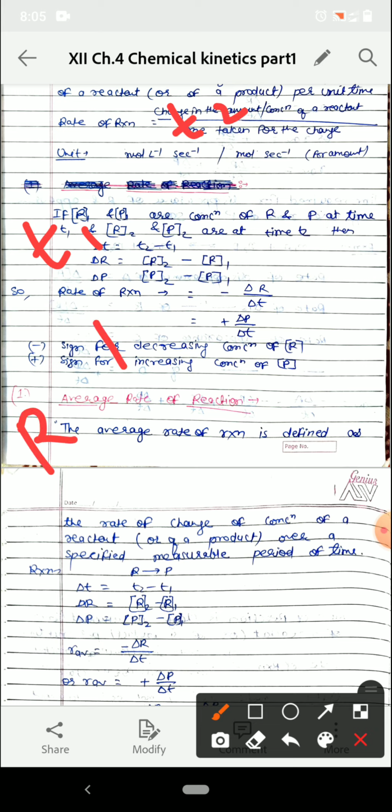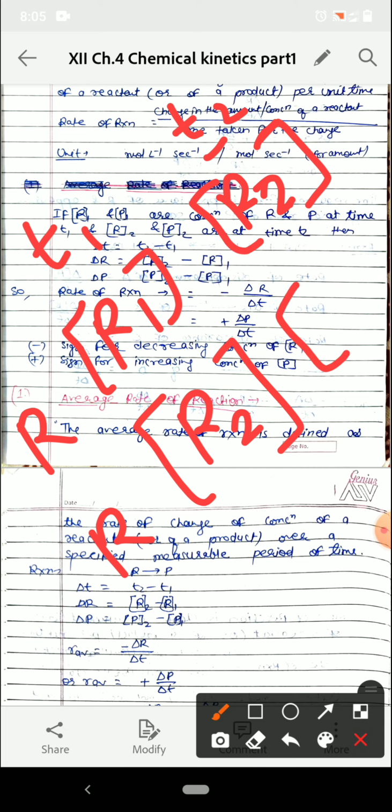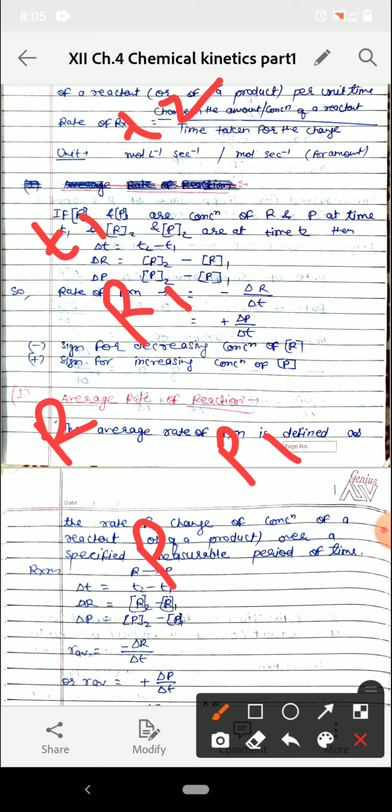Here the reactant concentration is R1, and at time T2 the reactant concentration is R2. Let us check P once again and make it properly. Time T1 and time T2, this is R and this is P. Okay, at T1 the reactant is R1 and the product is P1.